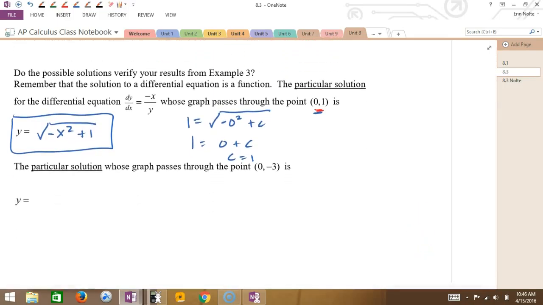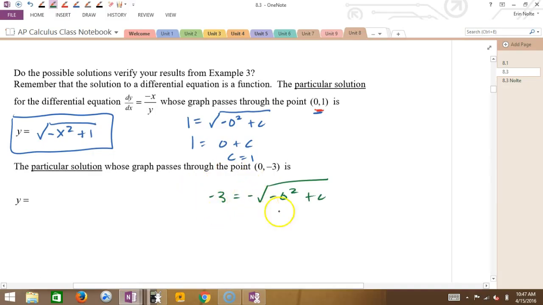Okay, so if I plug in 0, negative 3, with negative 3 being my y, so I have negative 3 equals, and now am I using the positive or the negative root? The negative root, because the y is negative. See how I have a negative 3? That tells me I use a negative root.